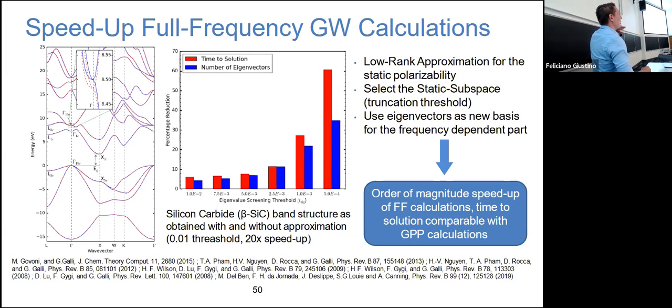So it's very similar to what Giulia Galli and West are doing in order to extract what they call the PDEP basis. They use the eigenvectors of the polarizability as a new basis to expand the frequency dependence. We are doing something very similar, but the number of eigenvectors grows proportionally, and you need to increase the cutoff in order to match the spikes you have in the wave function.